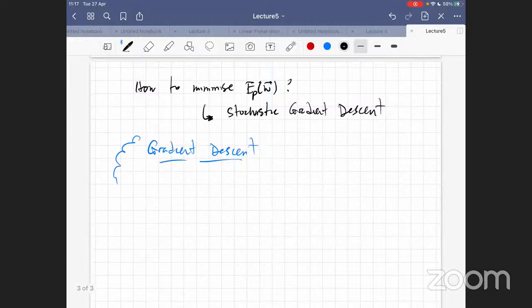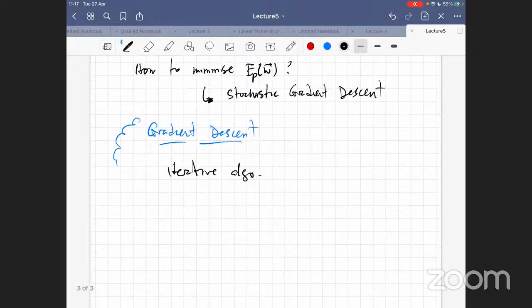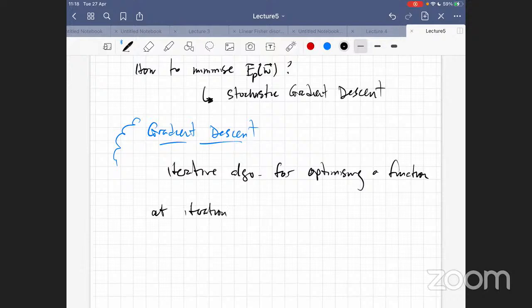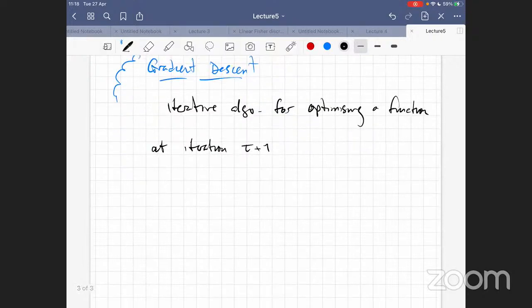So gradient descent is an iterative algorithm. So this is an iterative procedure to find the minimum of a function, or for optimizing a function, such that at iteration tau plus 1, the parameters are updated in the following way.